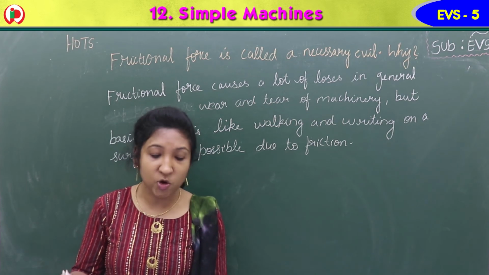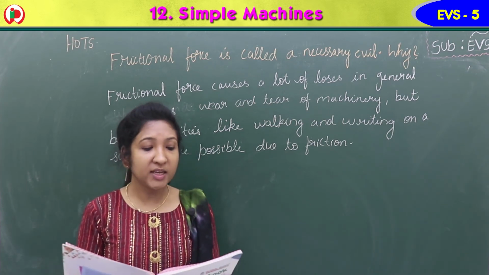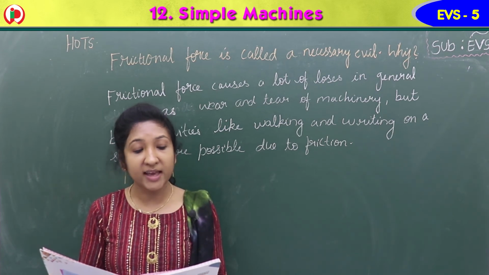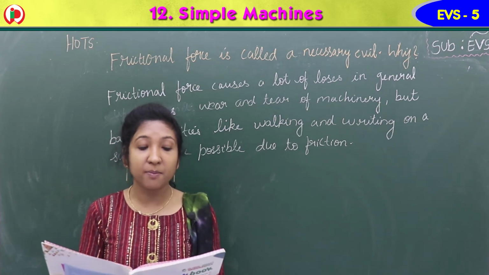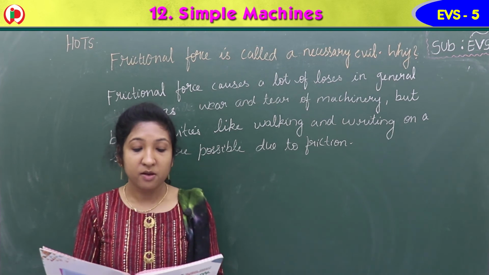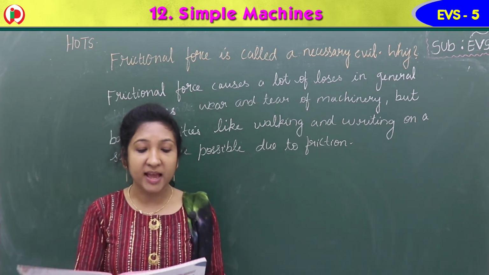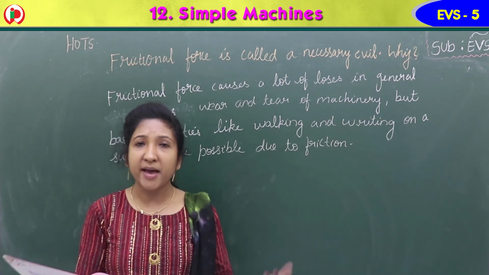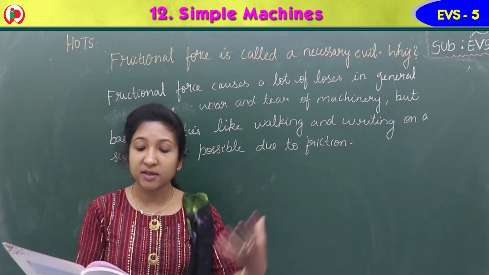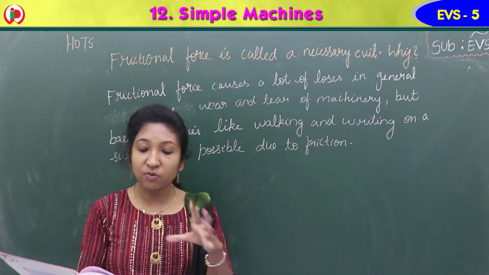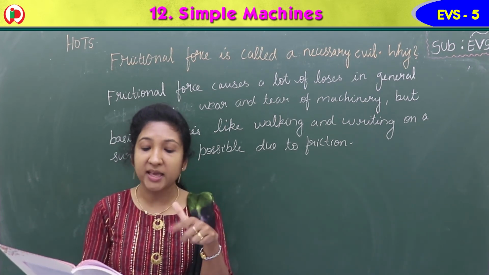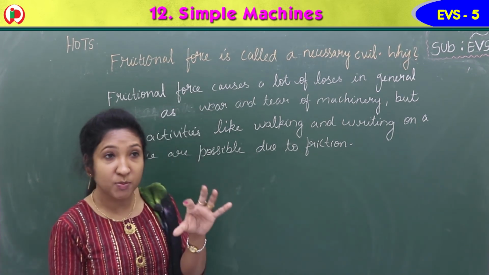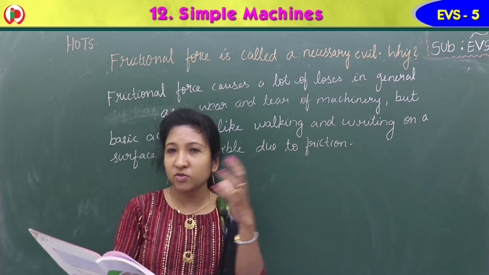Next is the project home assignment. Go to the nearest mechanic shop with your friends. See what kinds of machines are used in a bike or a car. Get knowledge about these machines from the mechanic and discuss it in the class. If you have a bike or car mechanic shop nearby, you go there with your friends and see how they are repairing, and with which machines they are doing it.